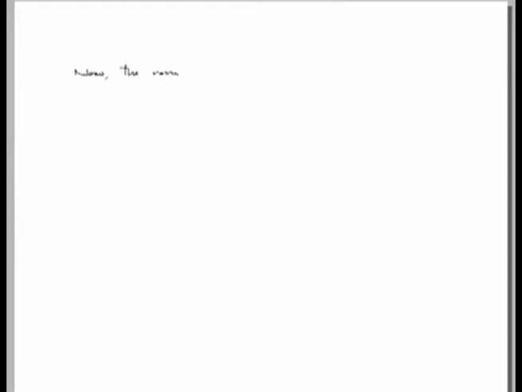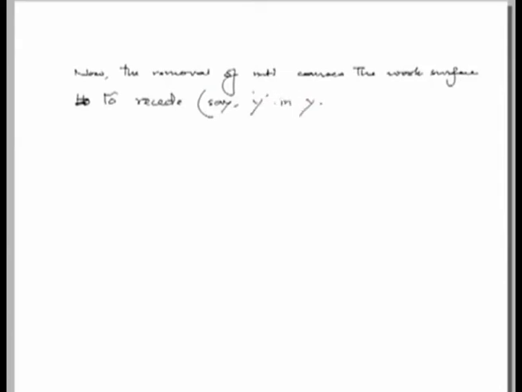Now, the removal of material causes the work surface to recede, say y in y direction as we have already assumed as shown in the previous figure, with respect to the original surface.